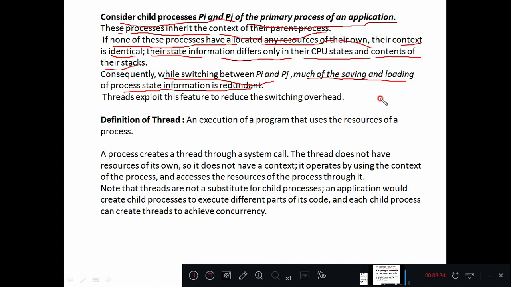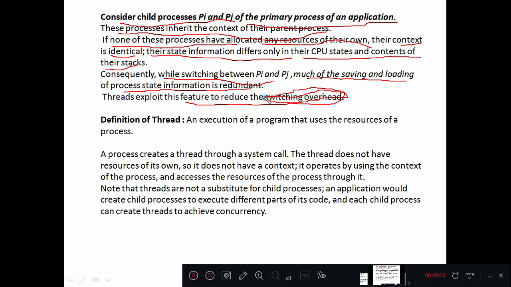If the child processes are dependent on each other, then the processes need to be switched between PI and PJ. So all this saving and loading of process state information is redundant, that means extra. Threads exploit this feature to reduce the switching overhead.